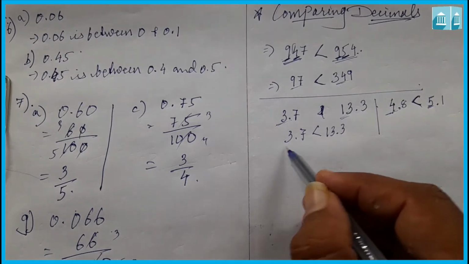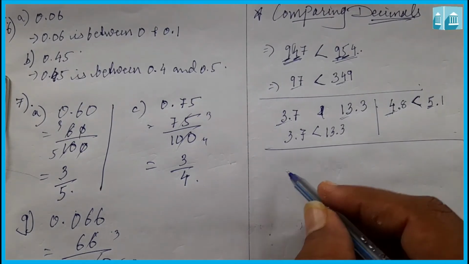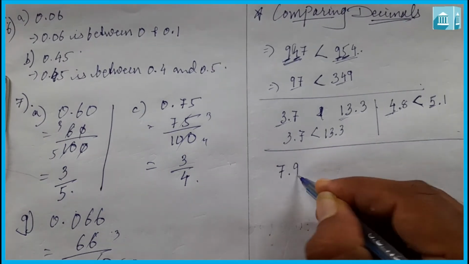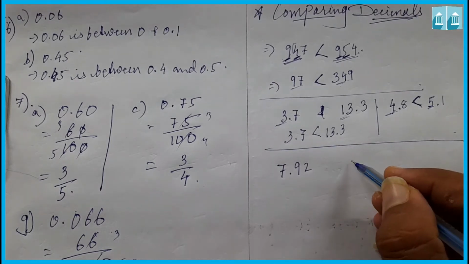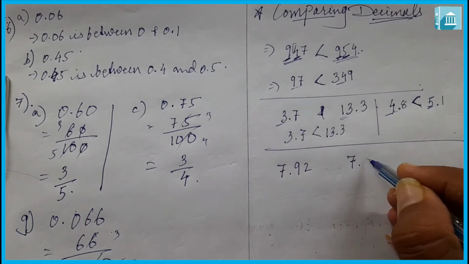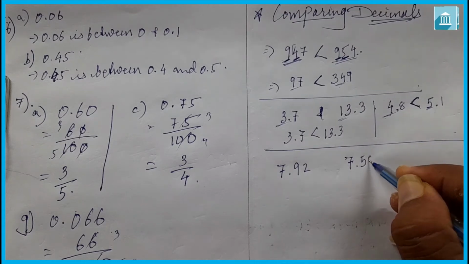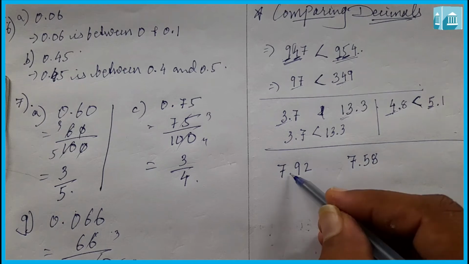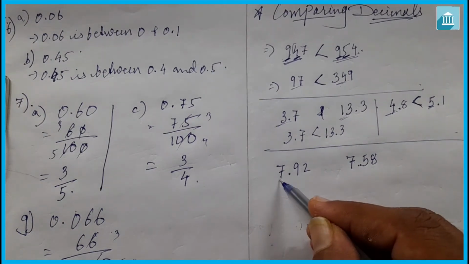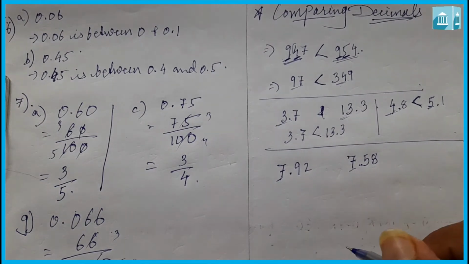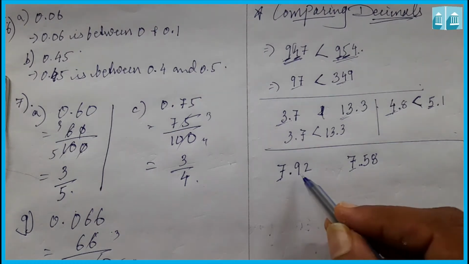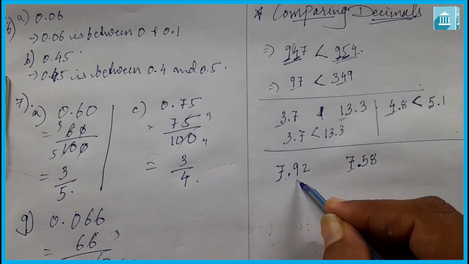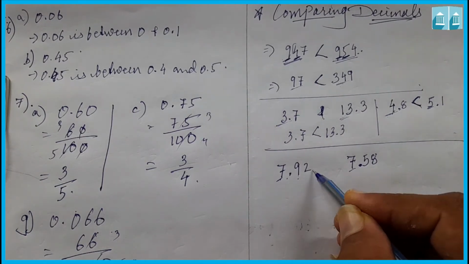Now when the digits before the decimal point are the same, for example 7.92 and 7.58. First we will see the digit before the decimal point. Here it is 7, here also it is 7. Next step, we have to see the digits after the decimal point.